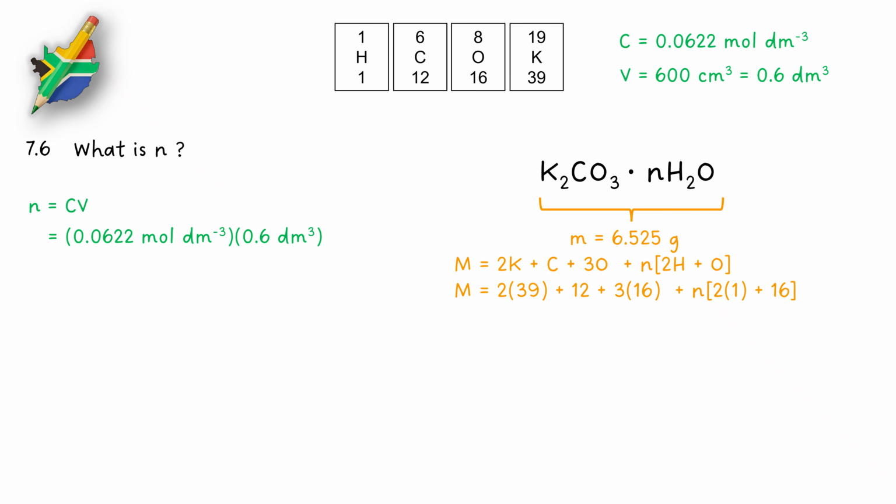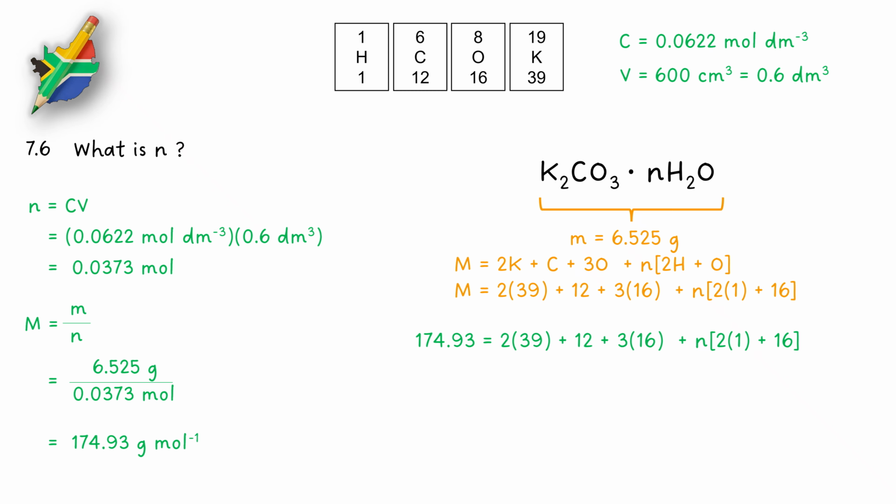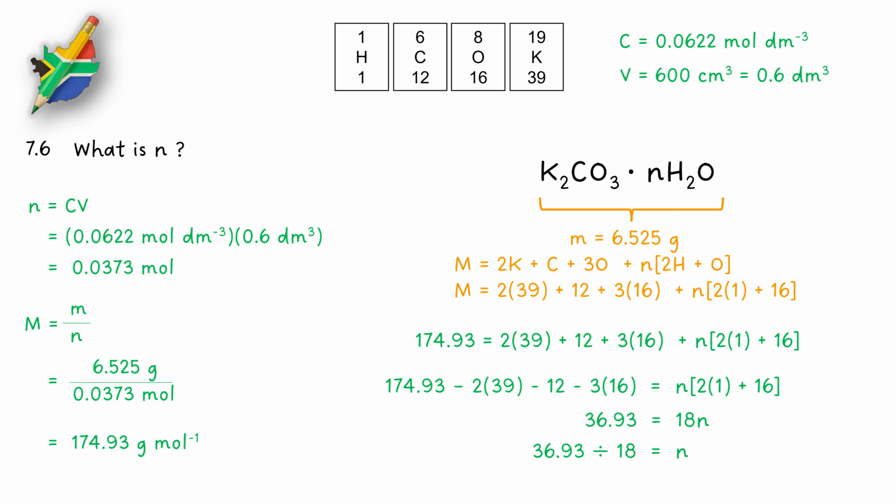We can take the concentration and volume of the solution to find the moles of potassium carbonate, which is 0.0373 moles. Using the mass that was dissolved, which is equivalent to this number of moles, we can get the molar mass of the compound, which is 174.93 grams per mole. Substituting this molar mass into the molar mass formula of the compound, we can move all the terms to the left except the term containing N, simplify, and get N by itself. Finally, N is equal to 2.